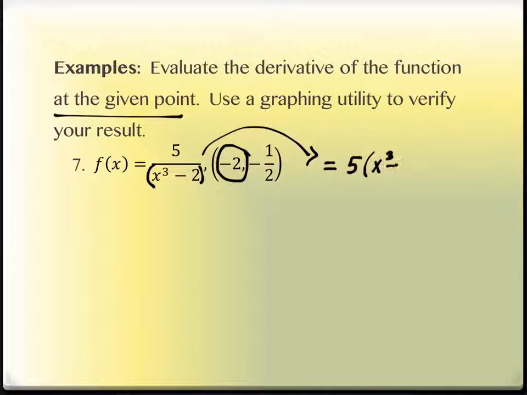And if I do that, I have to bring it up with an exponent of -1. You got it. All right, fabulous. So now we're going to take the derivative of that. Okay, so I'm going to pause real quick. I'm going to let you take the derivative, and then we'll make sure that everybody is on the same track. So write down what you believe the derivative would be for 5 times the quantity x cubed minus 2 to the power -1.